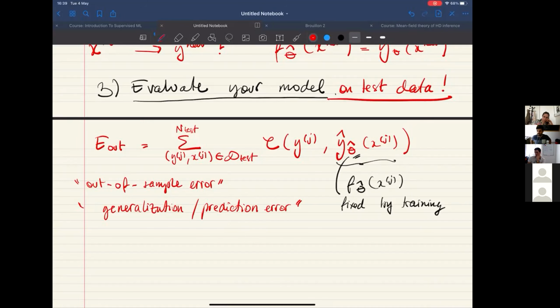Generalization error in the sense that it gives us a sense of how good the model is to predict new unseen data. So how performant is the model at generalizing, which means going beyond the training data. Again, this theta hat here is fixed and is a function of the training data.